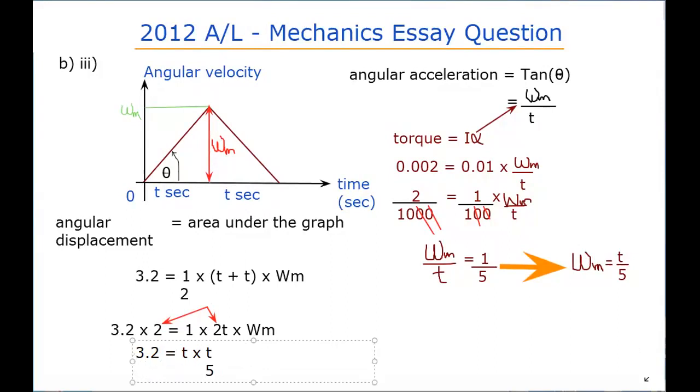Can you find t from this? For omega m, I have used t over 5 from this equation, instead of omega m.